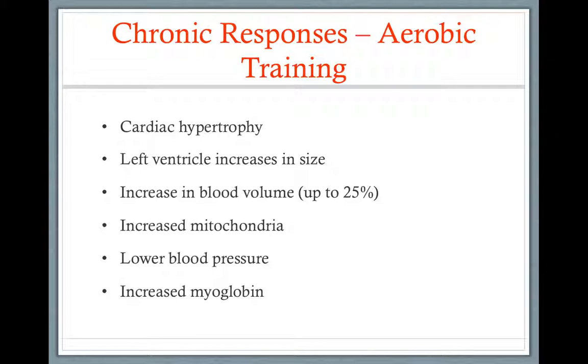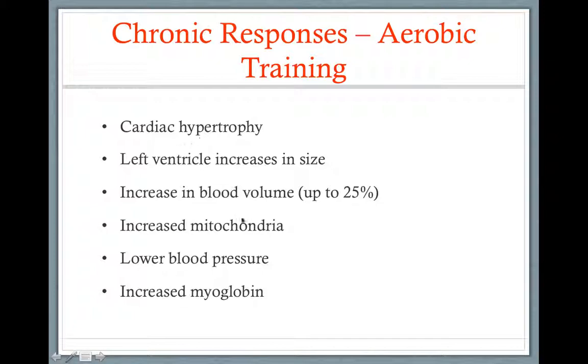So hemoglobin is what carries the oxygen in the blood. Myoglobin is what takes the oxygen out of the blood into the working muscles. So if we've got more myoglobin, we've got more things taking the oxygen out of the blood. More hands ripping the oxygen out of the blood into the working muscles means that oxygen is getting into the working muscles quicker.